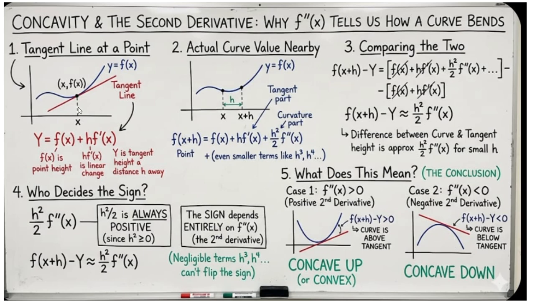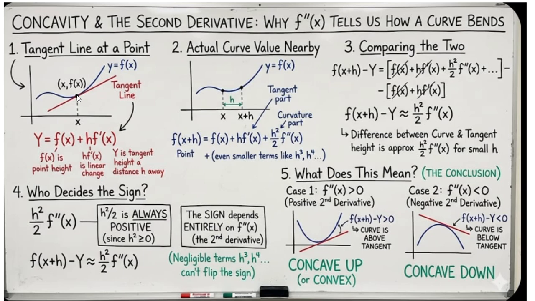Anyway, for the convex case, at that particular point, if you take a small portion around that point and draw the tangent at that point, what happens? If it is concave up, the height of the tangent around that point is below the height of the curve.